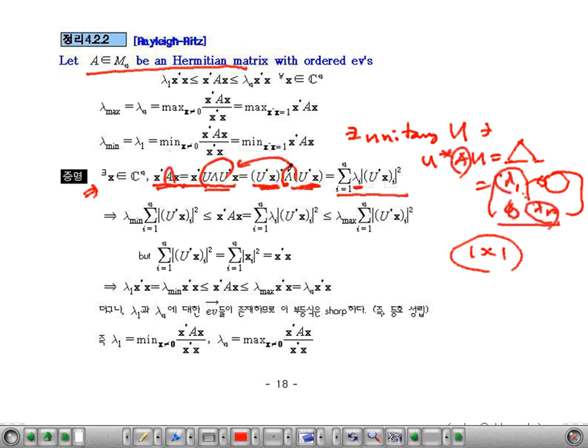Anyway, each of these entries comes out, and we have the product of this vector times this one. So it's a kind of inner product, which is this. We have v u star u like this.